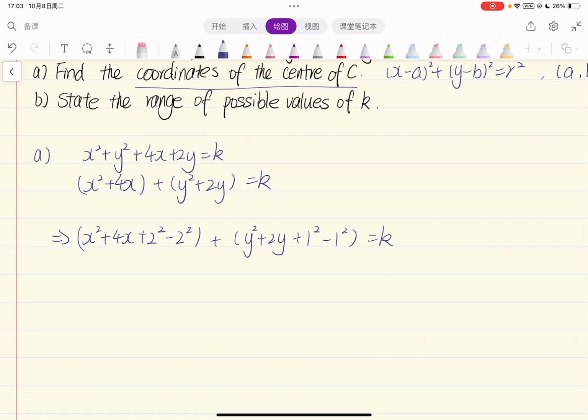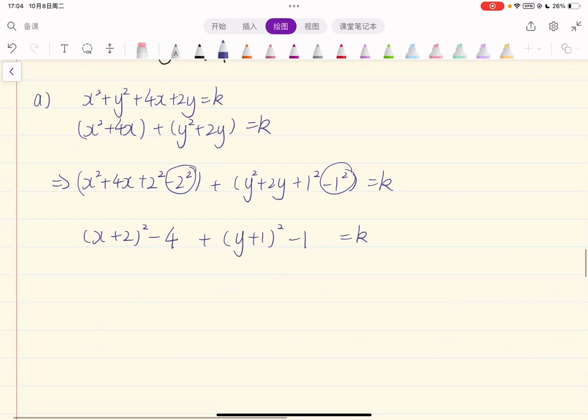Then what we have x plus 2 squared, and take out the minus 2 squared, so minus 4, plus y plus 1 squared, and take off the minus 1 squared, so minus 1 equals k. We have x plus 2 squared plus y plus 1 squared equals k plus 5.